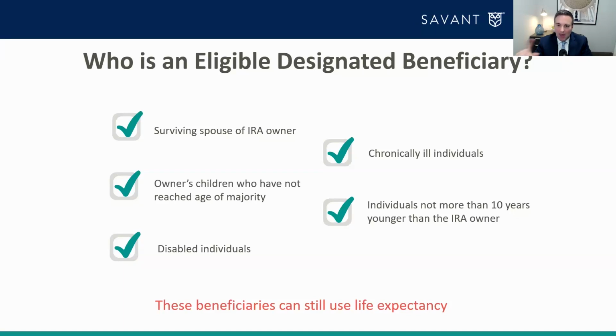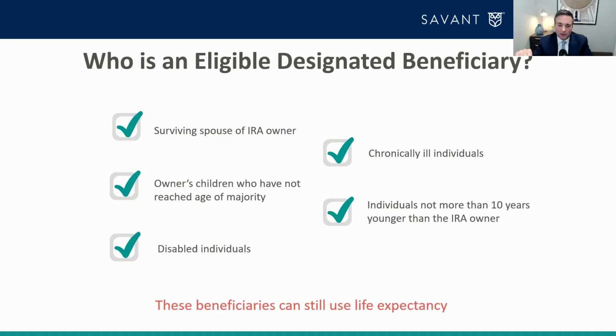So if you're the spouse of the decedent, you have a lot of options. You can roll that account over into your own name and wait until your applicable RMD age, between 72 and 75 in the future. You can leave it in an inherited IRA. There's a little bit of strategy there. Okay, so surviving spouse is one category.